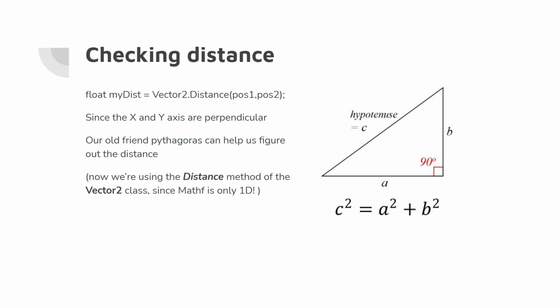Distance. What more can I say? Good old Pythagoras. So if we have a vector 2, we have an x and a y. You can imagine we can use x and y as a and b. We can square them. We can get the length of the hypotenuse, which is, of course, our distance from one corner to the other. So now we have distance.